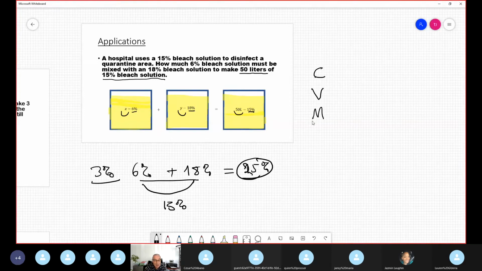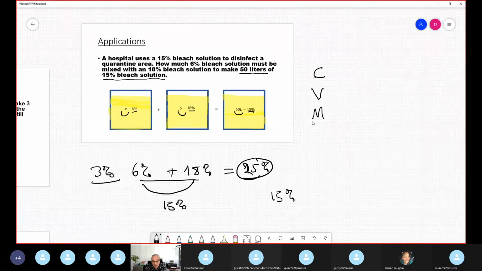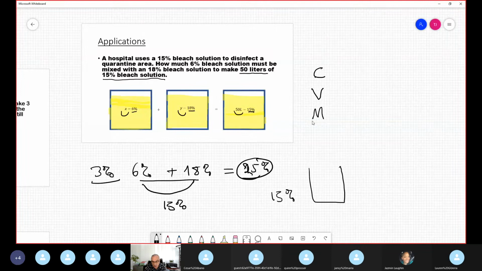Because when you're talking about 15% concentration, that means that in the container we have a mixture of the water plus bleach. So it's a combination.